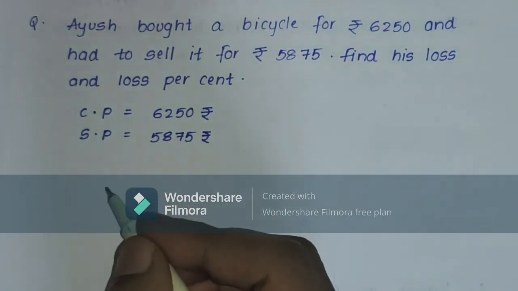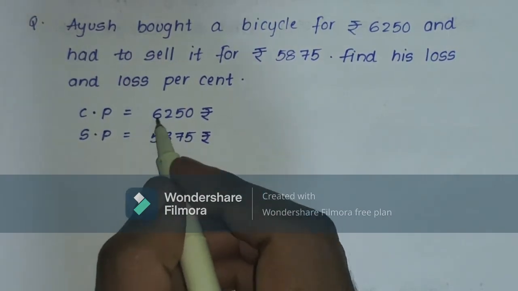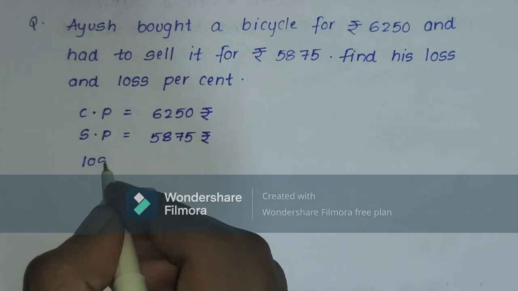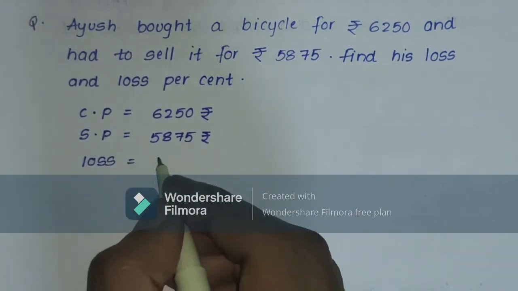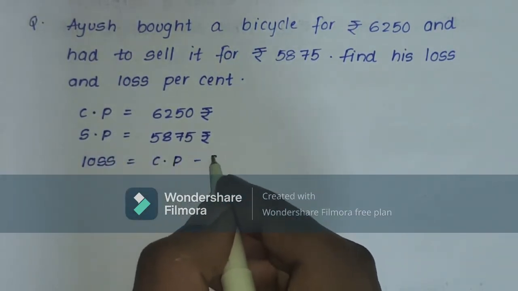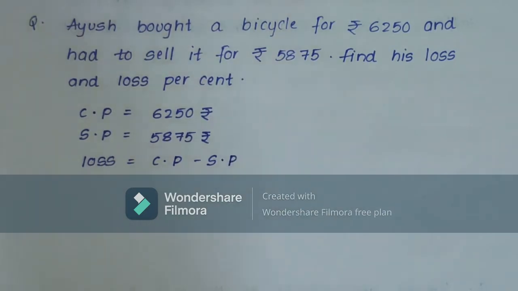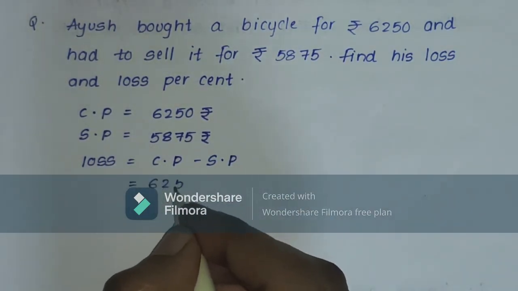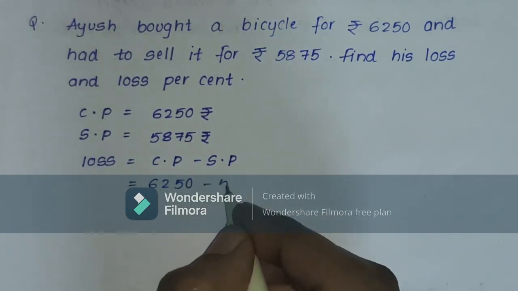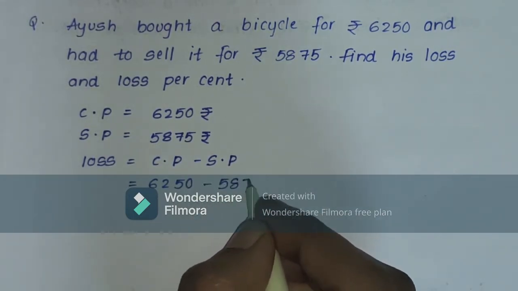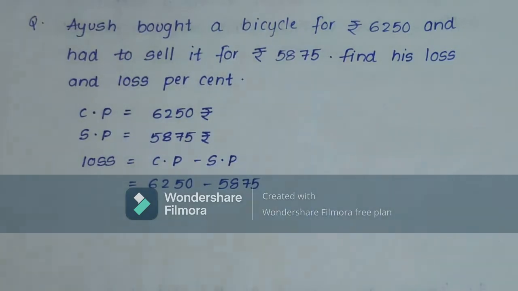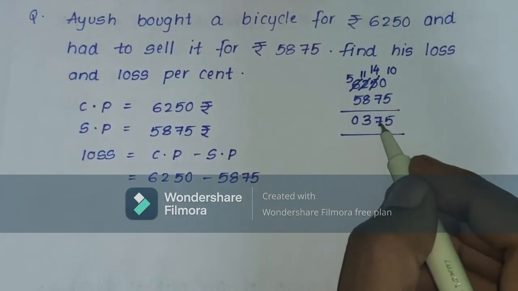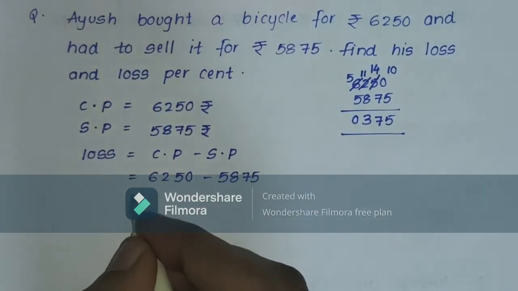So we know that selling price is less than CP, therefore loss is equal to CP minus SP. That means 6250 minus 5875. So student, if you look, after subtracting, you are getting 375 rupees as a loss amount.